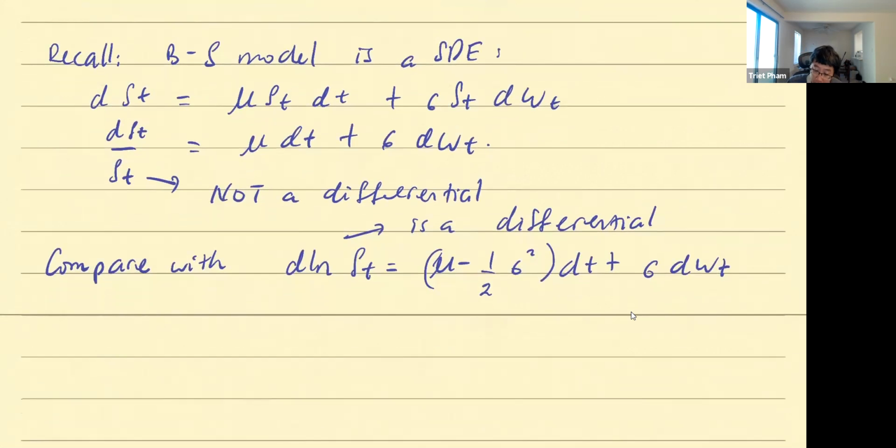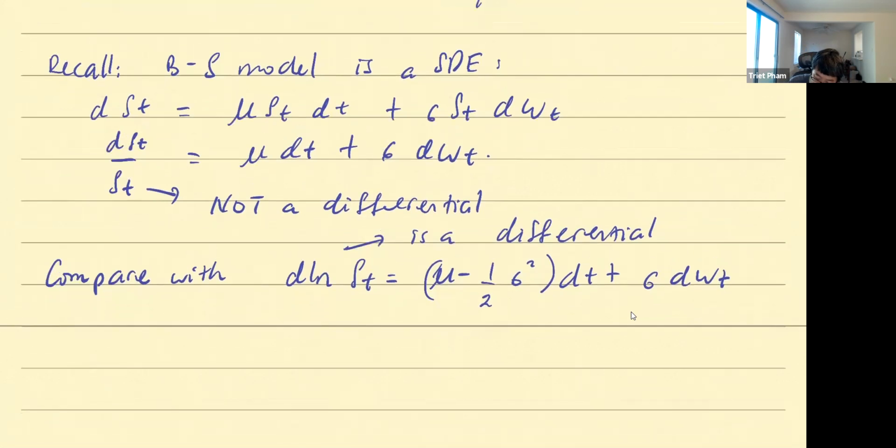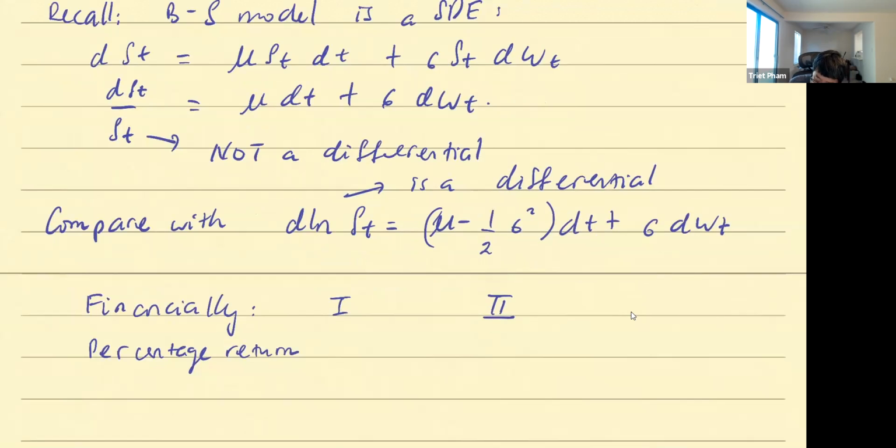So what it means financially is like this. Financially, suppose you have two periods, period 1 and period 2. Suppose you have percentage return and then suppose you have log return.